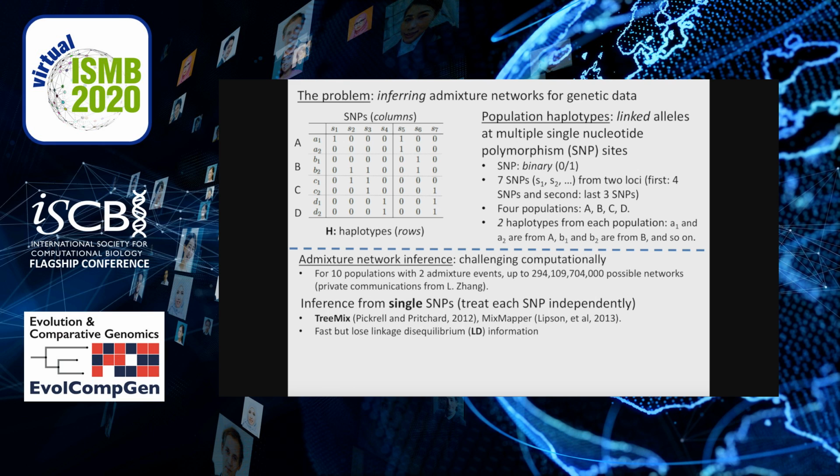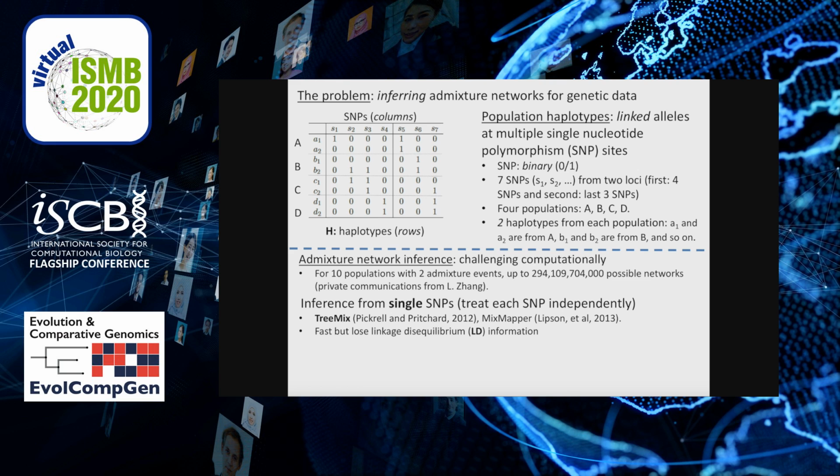The current methods for inferring admixture networks from genetic data are based on single SNPs. That is, they tend to treat each SNP independently from each other. The most popular method is called TreeMix, by Pickrell and Pritchard. There's also another method called MixMapper.